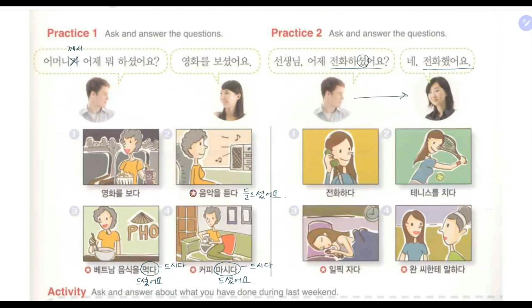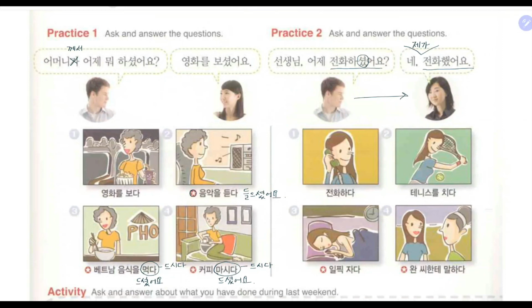However, when she answers, she doesn't use honorific form. Why? Because she's talking about herself. The subject of this whole sentence is who? Herself, isn't it? So the hidden subject will be 제가 전화했어요. 네, 제가 전화했어요. Isn't it? In that case, you don't use honorific form for yourself.